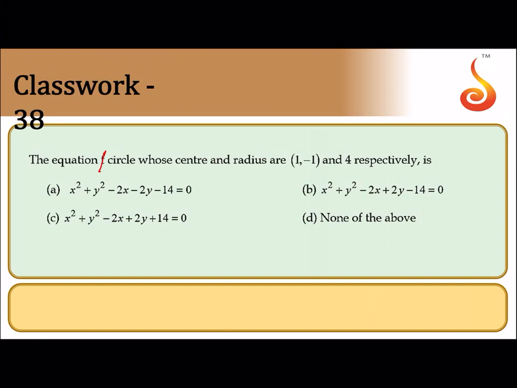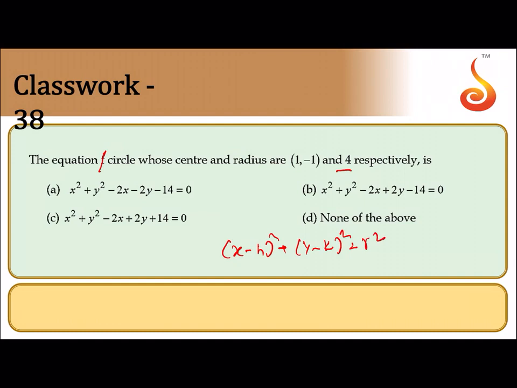Equation of a circle whose center and the radius are 1 comma minus 1 and 4. Simple formula, nothing. X minus h whole square plus y minus k whole square is equal to r square. You apply the required result.